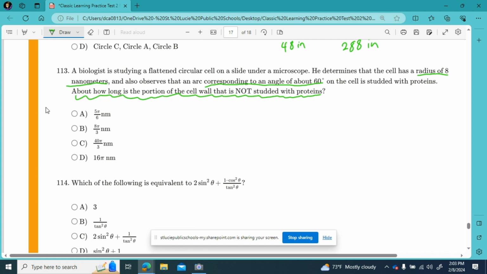So I'm going to look at a circle and say, okay, a 60-degree angle goes into the center, right? If this is 60 degrees, the radius is 8.